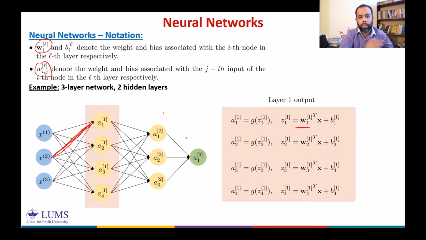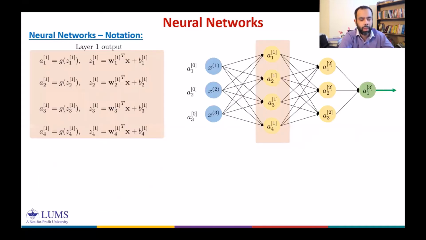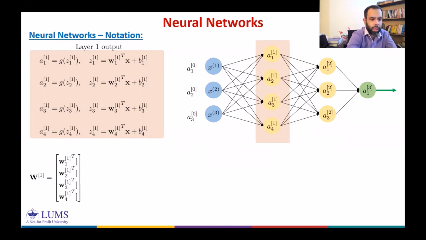Okay, let's combine all of these and have a compact representation. So we have this layer 1 output. I define a matrix W, in which I stack the weight vector for the first node, the vector for the second node, a vector for the third node, and a weight vector for the fourth node in the first layer, and stack all of these weight vectors in this matrix form W. And we call it the matrix W superscript 1.